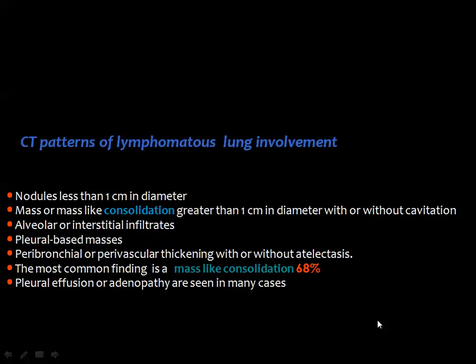And as written here, the most common finding of lymphoma of the lung is a mass-like consolidation, which is seen in about 68% of the cases. Then you may get nodules, you may get alveolar opacities, you may get pleural effusion, you may get mediastinal lymphadenopathy, and these are the forms of pulmonary lymphoma.